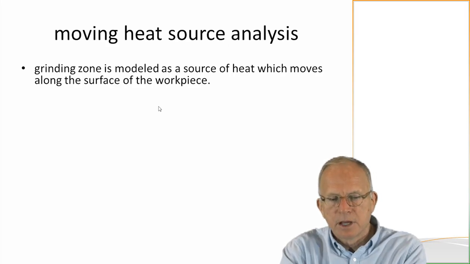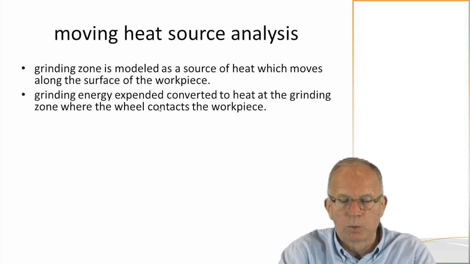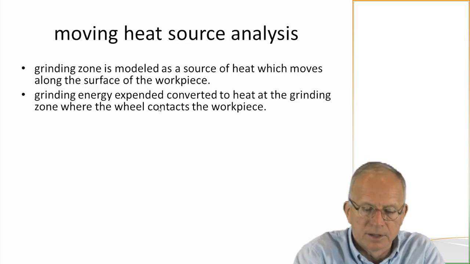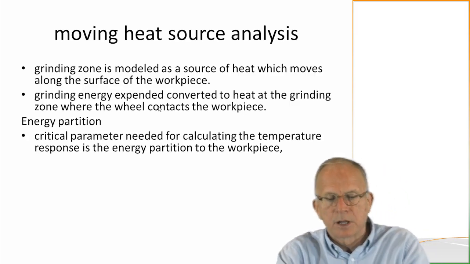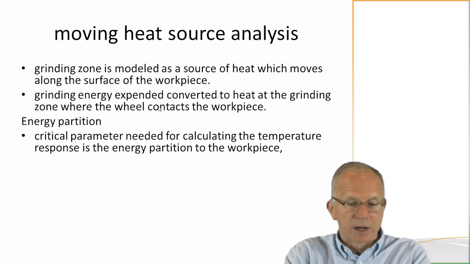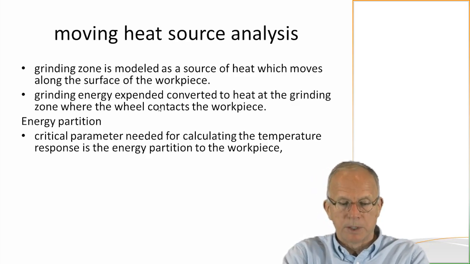So the grinding zone is modeled as a heat source which moves along the surface, and the grinding energy, or the work that goes into the grind, is converted into heat, and then transferred to the workpiece through the contact zone. So the kind of energy partition, how much goes into the workpiece, how much goes into the chip or the fluid, is important in understanding how well the grinding process is going and what impact it may have on the properties of the workpiece.